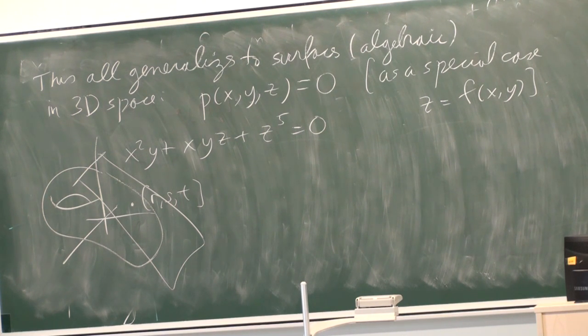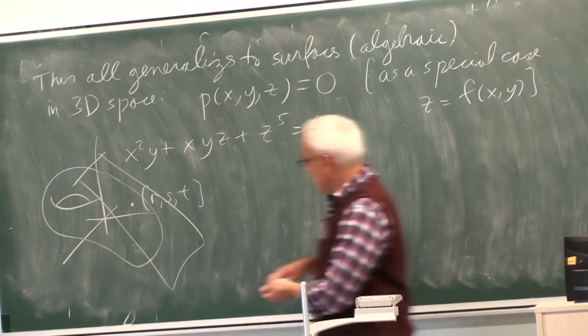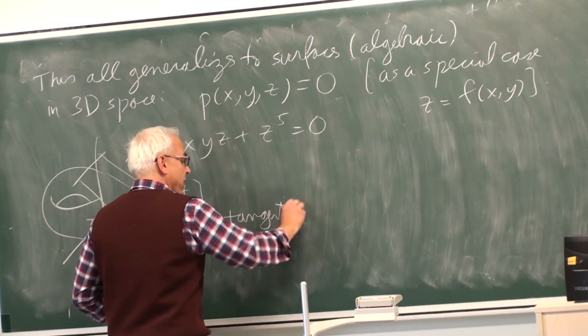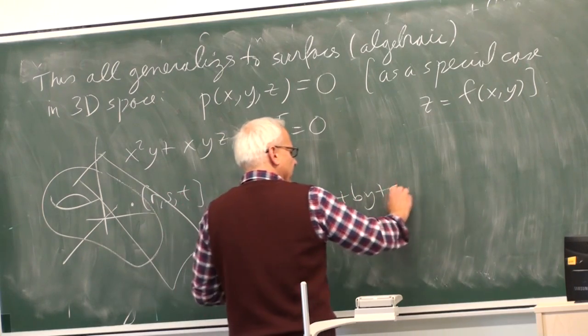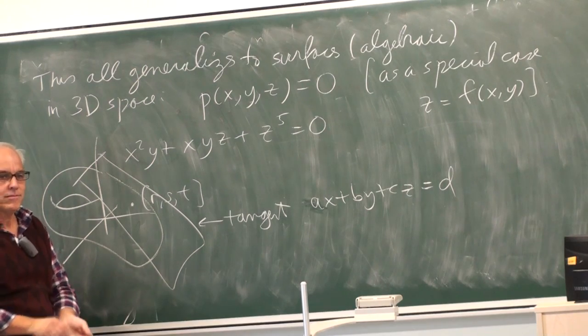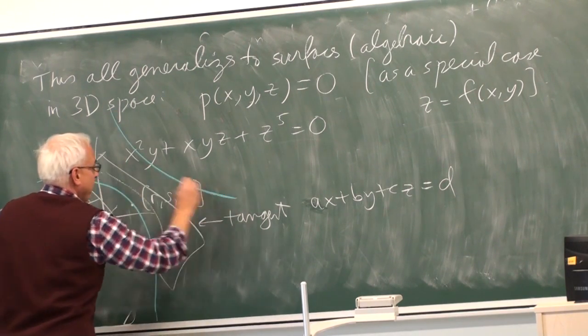A quadric in three-dimensional space is a surface of degree 2. So there's going to be a tangent plane, that's the degree 1 part. That's going to look like ax plus by plus cz equals d, something like that. But there's also going to be a tangent quadric.